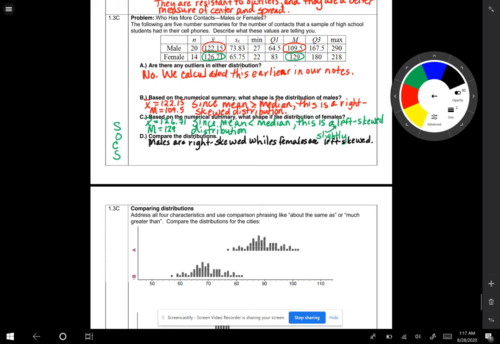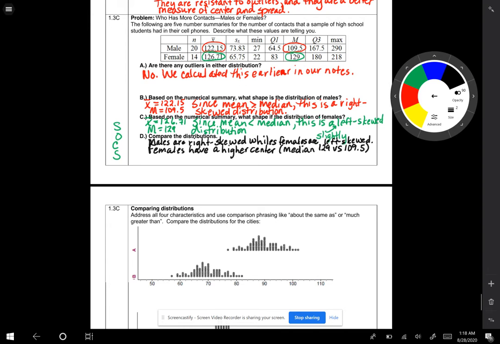As far as the center goes, the females have a higher center. The median, almost forgot what I was using, 129 versus 109.5.